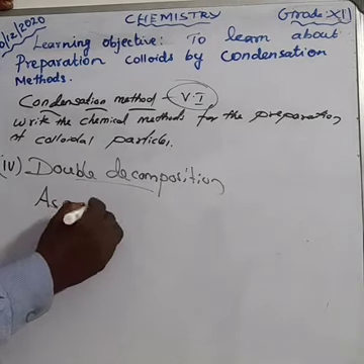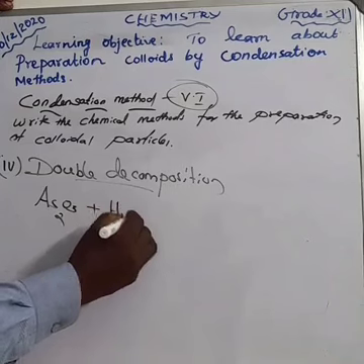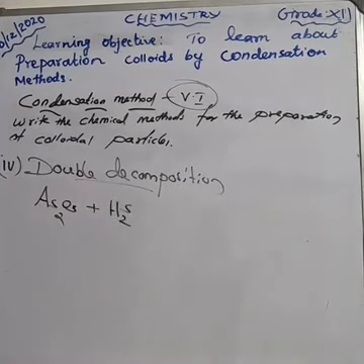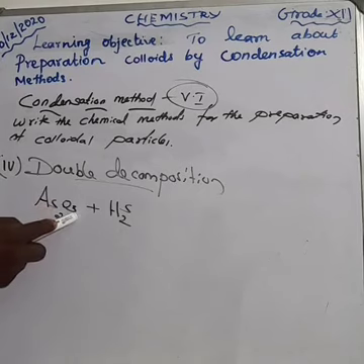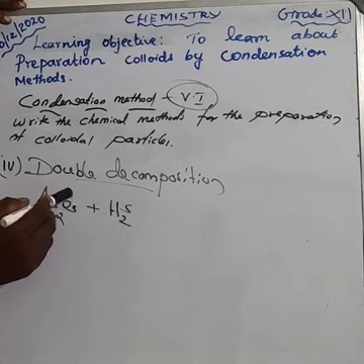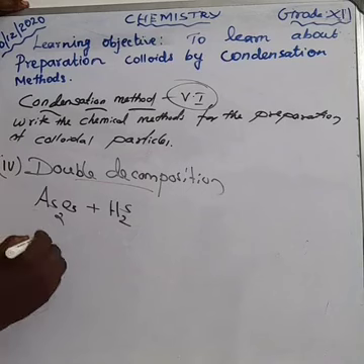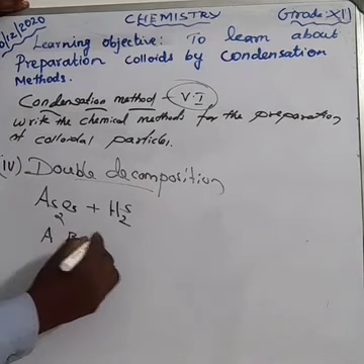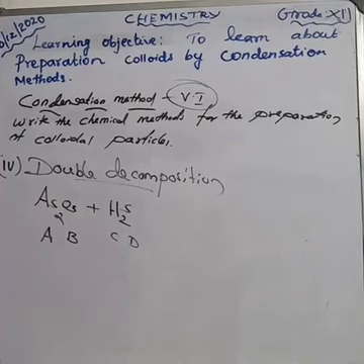What is the formula for hydrogen sulfide? H2S. Arsenic oxide reacts with hydrogen sulfide, we get arsenic sulfide. As per the double decomposition, I told you A, B, C, D. Which are reacted here?